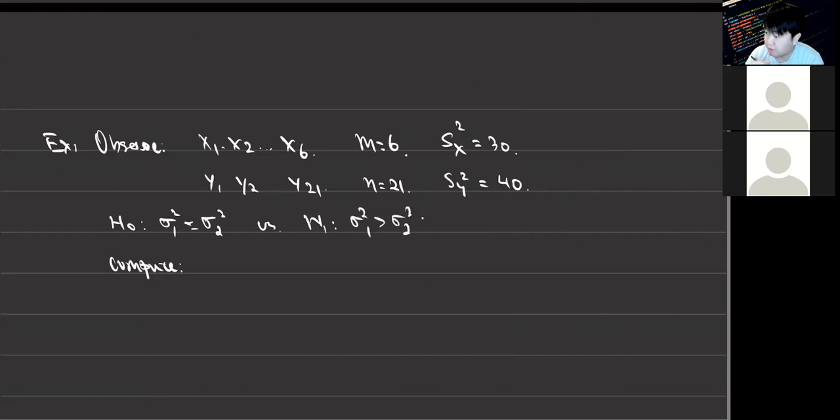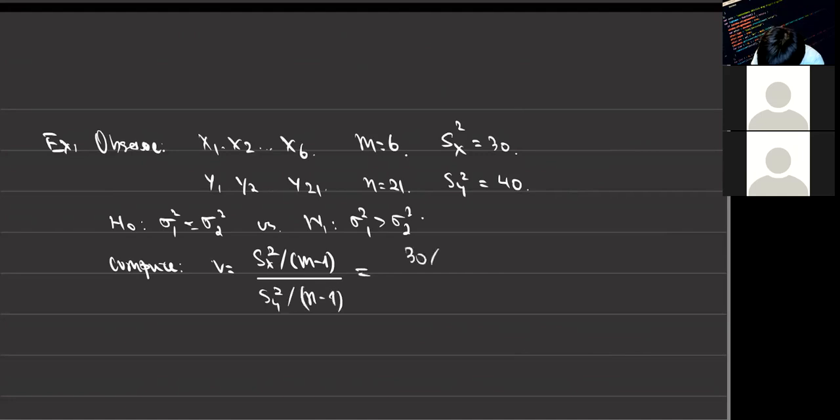So we follow the theorem. We compute this V, which is the test statistic. It's the ratio between the two sample variances. So we do S of X divided by m minus 1 over S of Y divided by n minus 1. This is going to be 30 divided by 6 over 40 divided by, oh, I'm sorry, this is not 6.